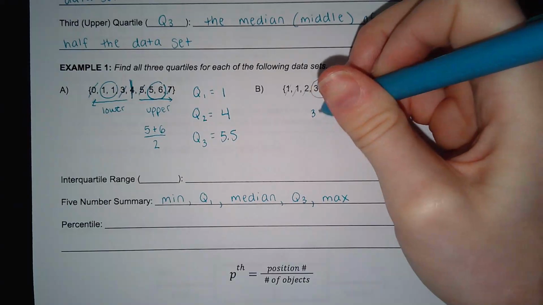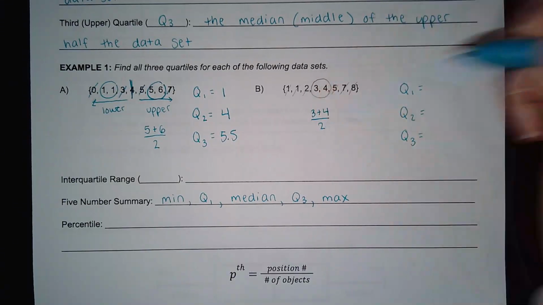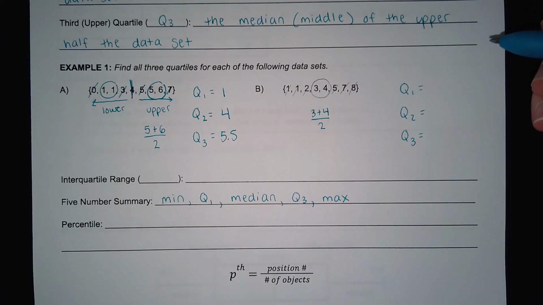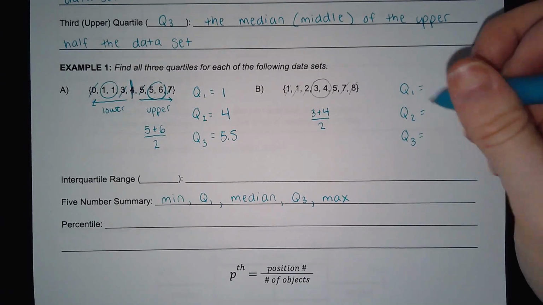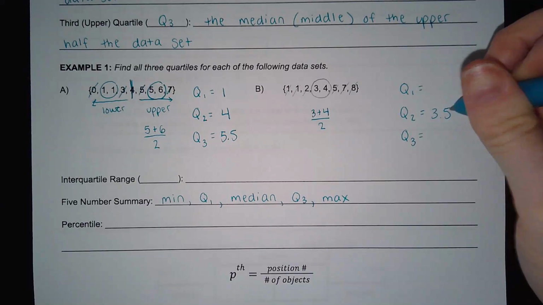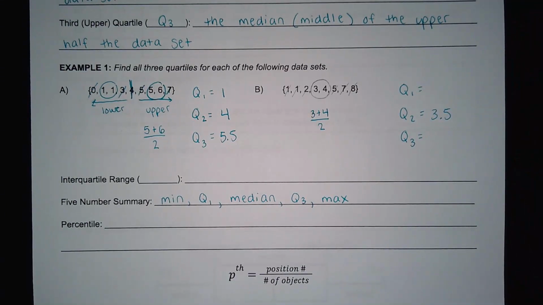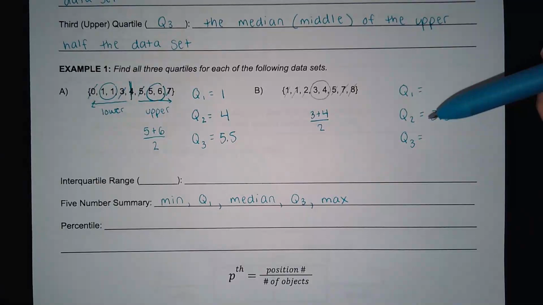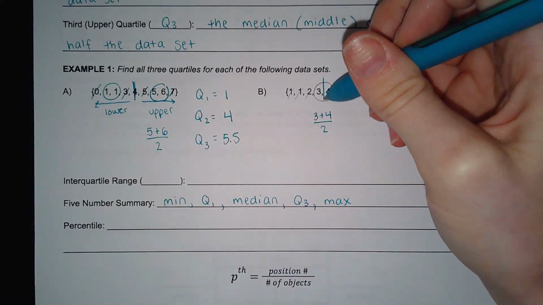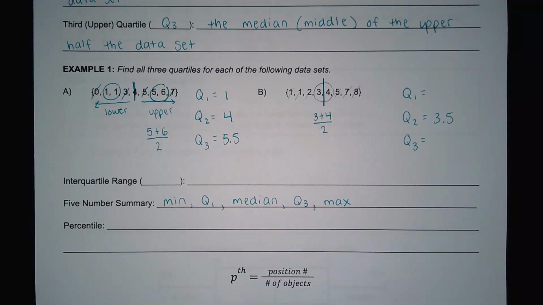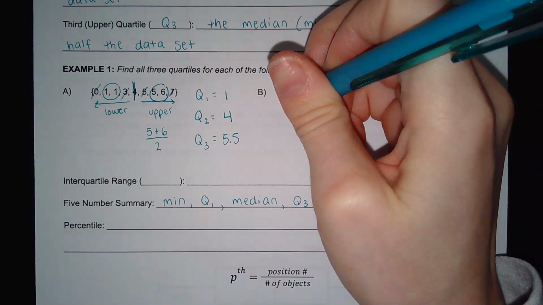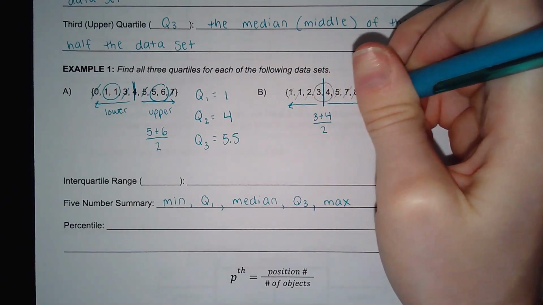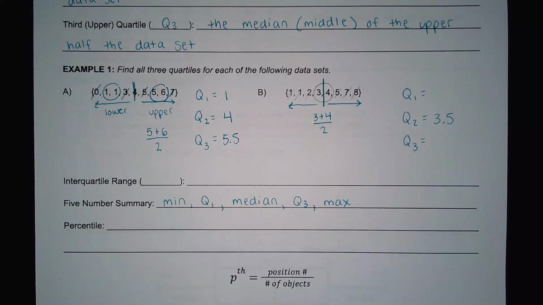Again, to find the median, we could add those and divide by 2. 3 plus 4 is 7. Divided by 2 would be 3.5. Now, because 3.5 isn't in the data set, where I'm cutting this data in half is in between those values. So 3 is a part of the lower half and 4 is a part of the upper half.